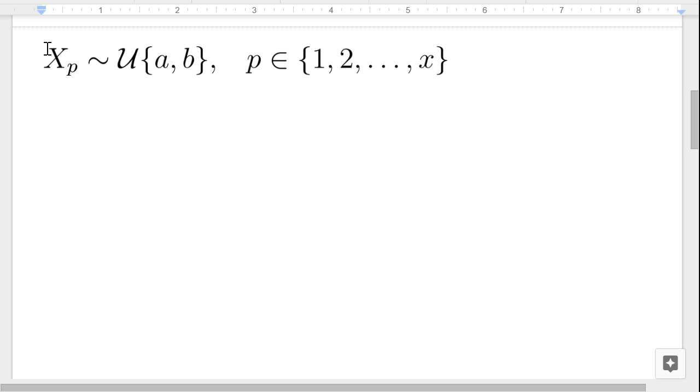So this is saying let's use x with a subscript number to represent each of the samples that we're taking from the uniform distribution, right? Basically, how many dice we're dealing with, and from 1 to x is how many we have, right?